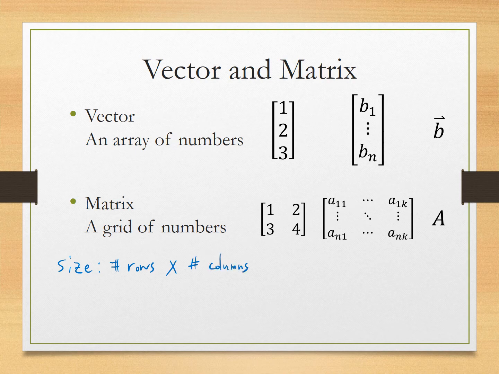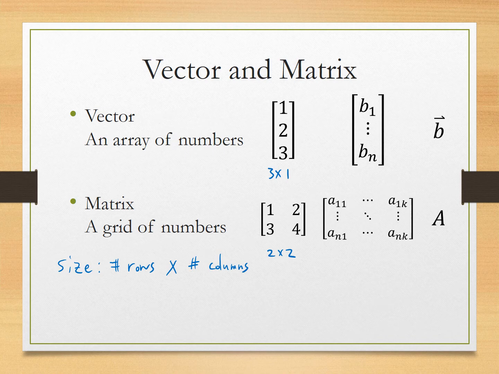So what's the size of the matrix here, 1, 2, 3, 4? The size is 2 times 2 because it has 2 rows and 2 columns. What about the vector? A vector has 3 rows and 1 column, so it's 3 times 1.